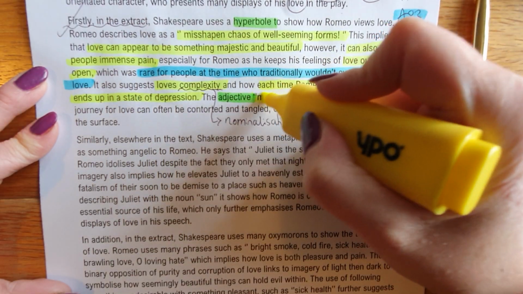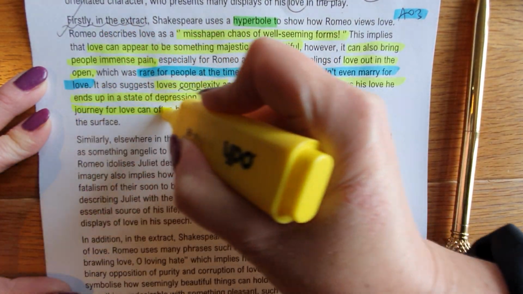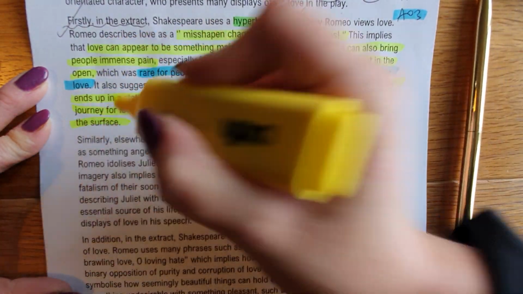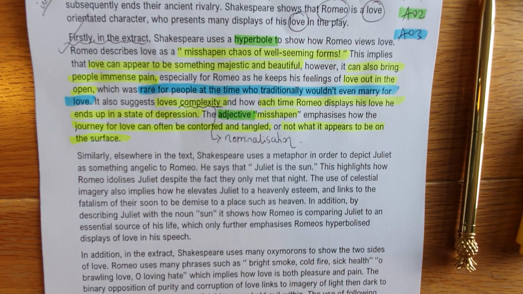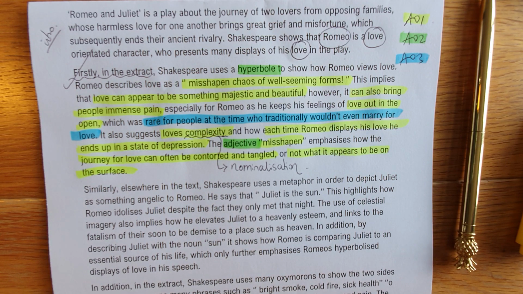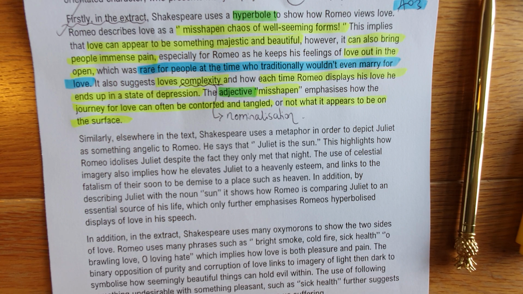Misshapen, there's my quotation, emphasises how the journey for love can be contorted and tangled, or not what it appears to be on the surface. Now this is really, really strong analysis. I would place this already looking kind of band 4-ish, band 5-ish, and therefore it's looking like it's about a grade 7 already. If this is then sustained and we start to add in more context, it starts to inch into that 8 and maybe even higher.